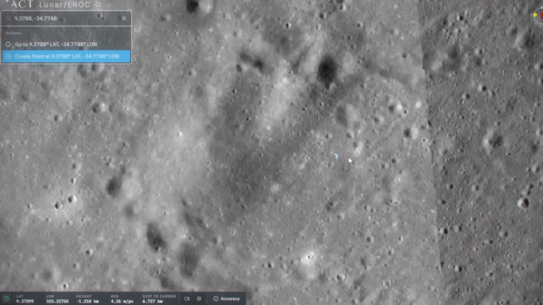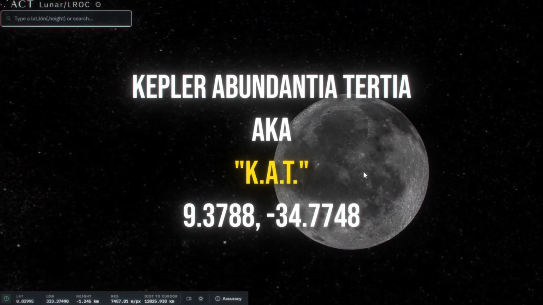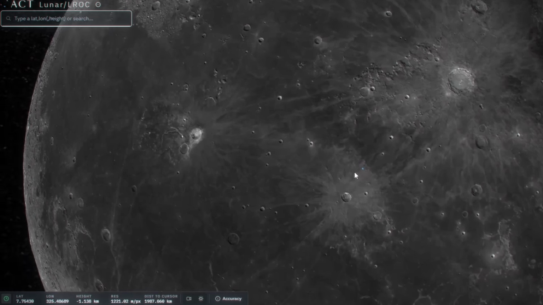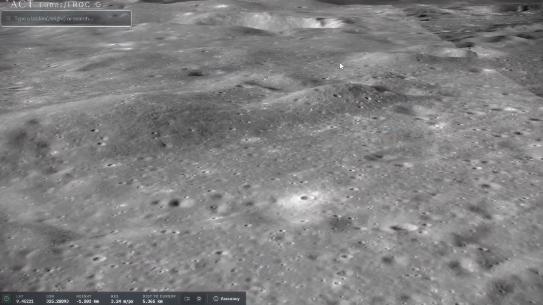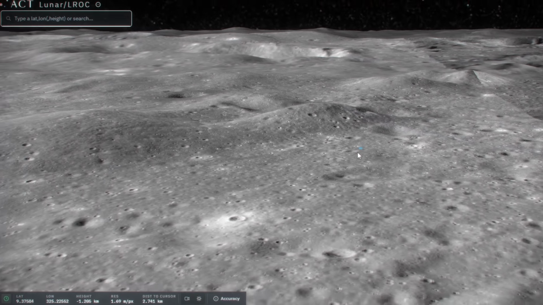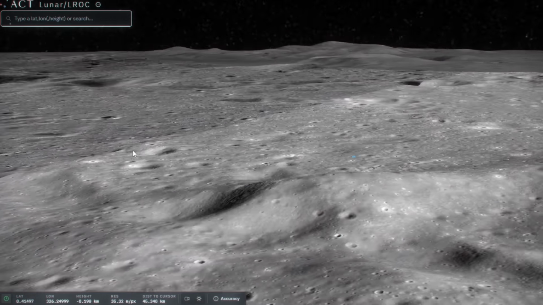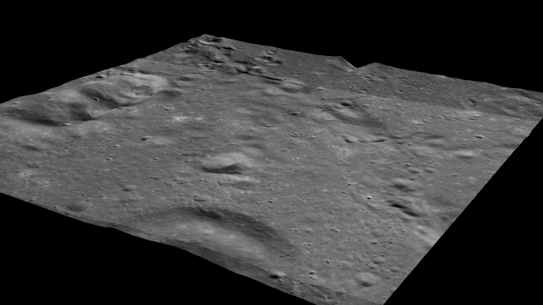Out of these 8 sites, we chose to go with the one at Kepler Abundantia Tertia, or CAT for short, which sits near Kepler in the eastern middle region of Oceanus Procellarum because it has a lot of mineral richness overlap and is in our regional circle. But don't take this site as us declaring a final industrial capital of the moon. Rather, just take it as a defensible site good enough for the next phase of simulations.